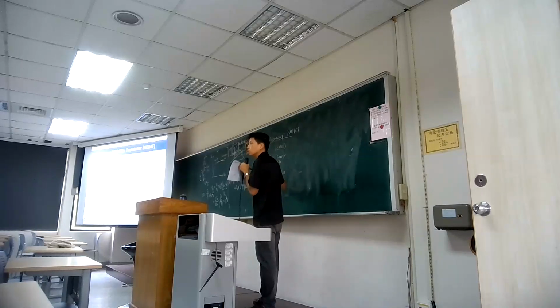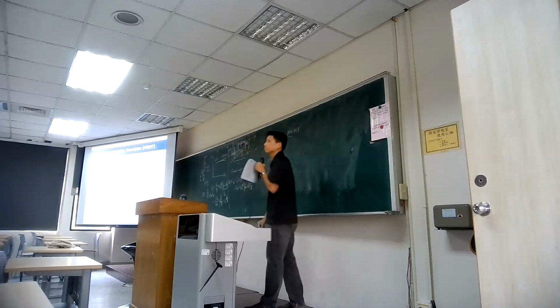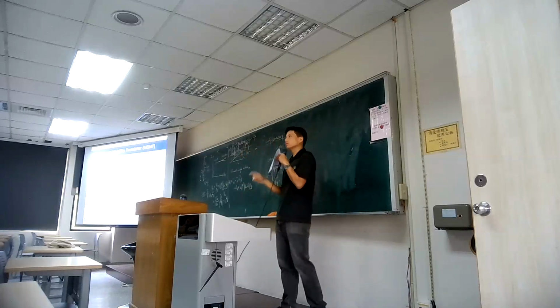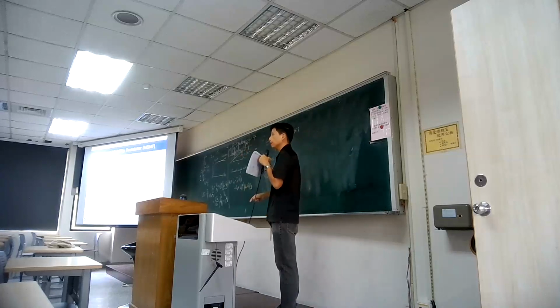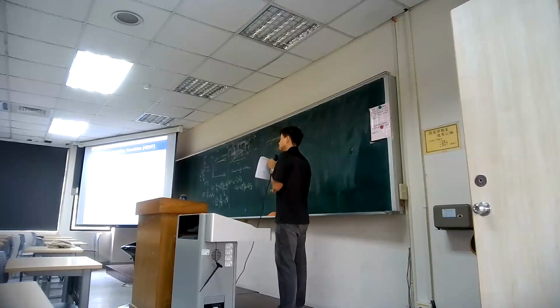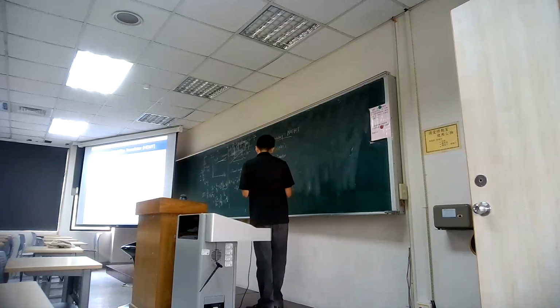Here we get VDD. The only difference from the one we previously introduced is we replace the resistance here with a PMOS transistor. So here is the NMOS, here is the PMOS, and we use both P and N MOSFET, so we call it complementary.